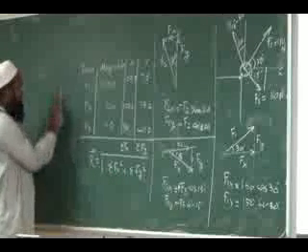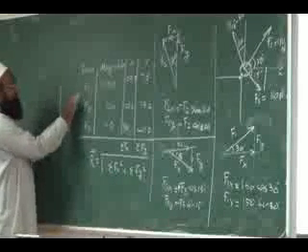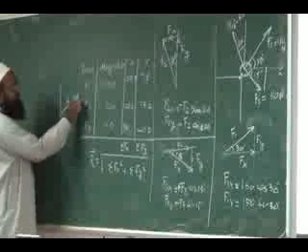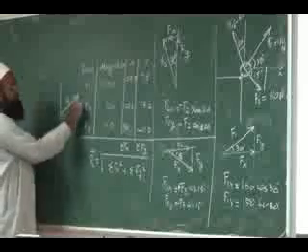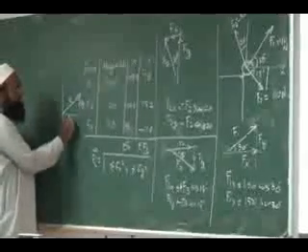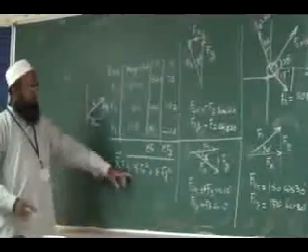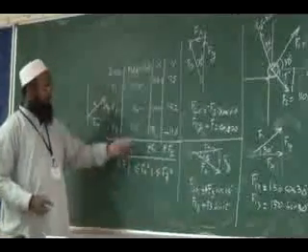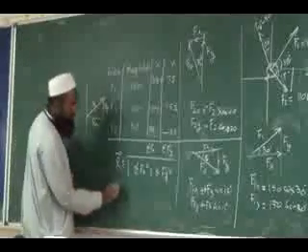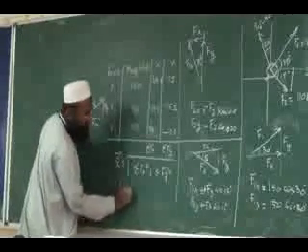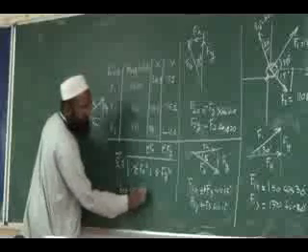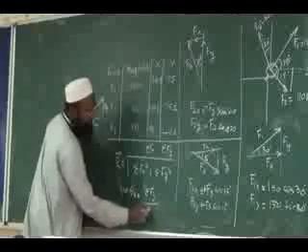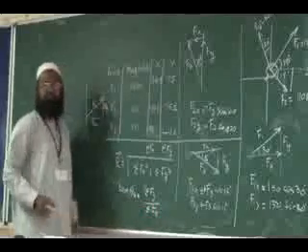Say you have the resultant acting like this. This is the scalar of y component, scalar of x component. So you can write it as sigma fx square plus sigma fy square, root will be your r. Similarly, you can find out the angle made by the resultant as sigma fy by sigma fx.